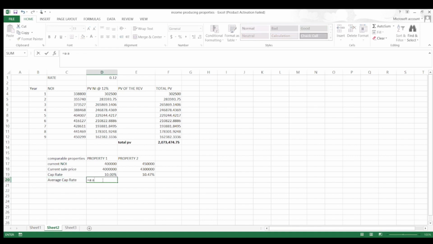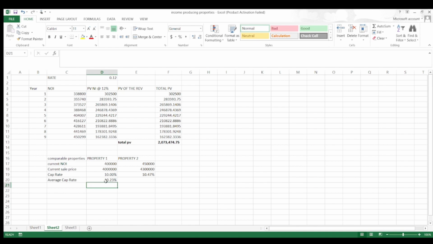In this case, we'll simply take the average of the cap rates, and here we find that our average cap rate is 10.23.